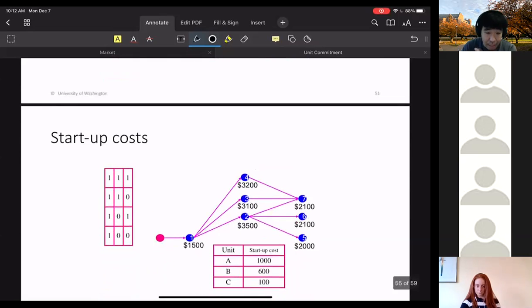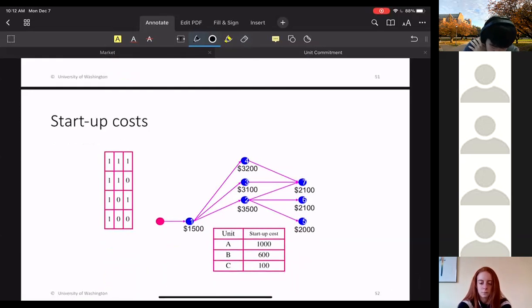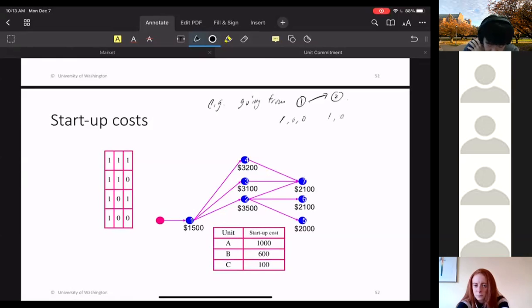Then we can add in the startup cost, because whenever we start a unit, we have some cost. So if we transition, we have different cost levels. This arrow, for example, going from 1 to 2, goes from 100 for the generator status to 101.